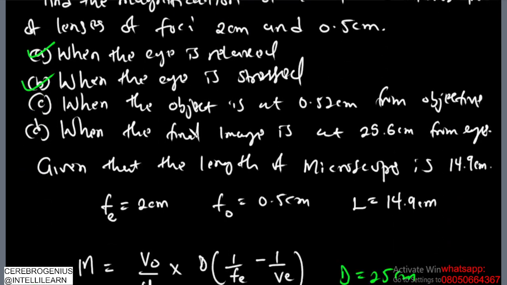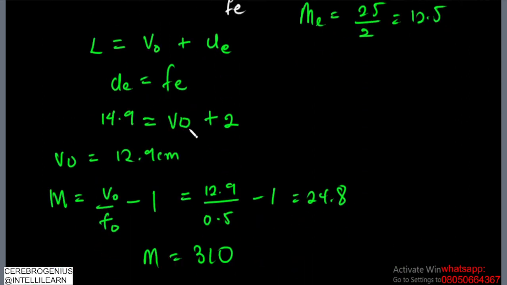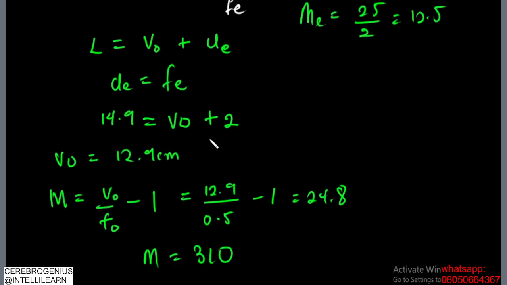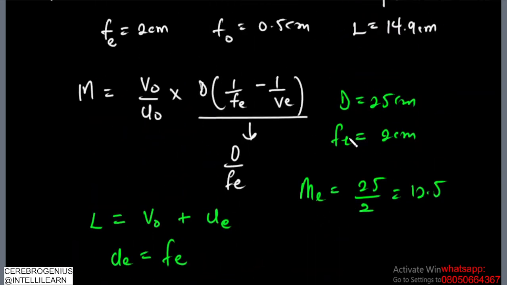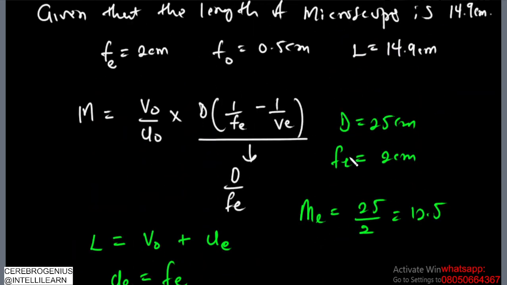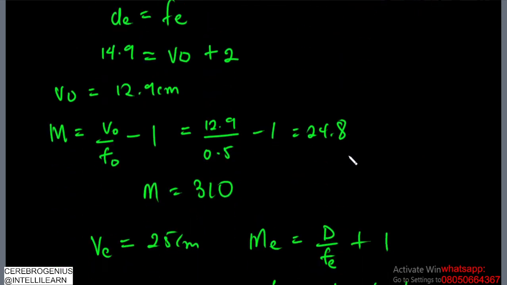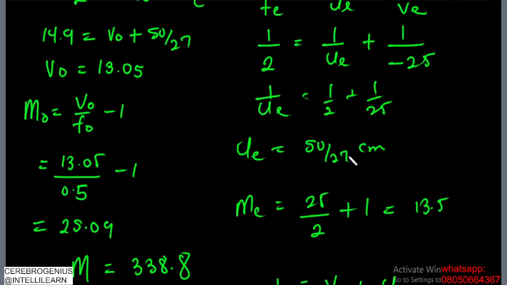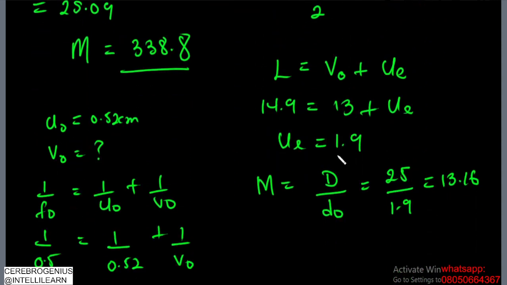Or they give you a length of the camera that is so large that the object did not enter its focus. Because look at what you got for the distance of the object from the eyepiece. We got 1.9. 1.9 is within its focus, which is 2 centimeter.